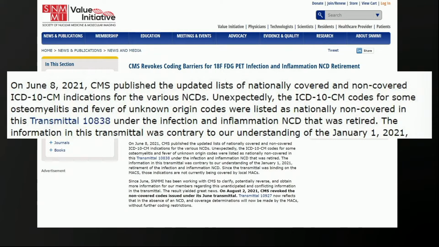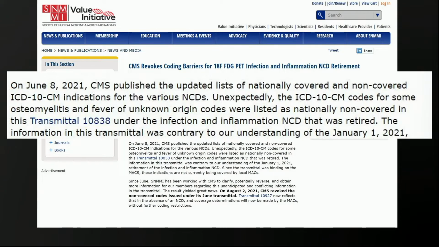But we did have some hiccups along the way, because even though initially CMS said that everything for infection and inflammation would be covered as an outpatient, we were very surprised in June of 2021 when CMS updated the national covered and non-covered ICD-9 indications. Unexpectedly, some of the ones that we thought would be covered were not, including osteomyelitis and fever of unknown origin.